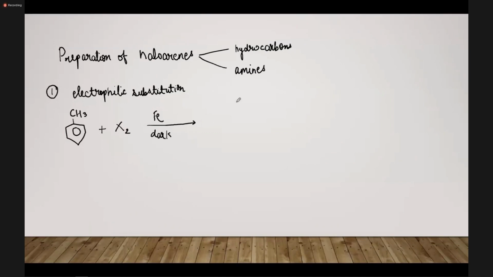And the results that we get are: the halogen is attached here. It has replaced one hydrogen that was already here. The first one is the ortho derivative, and the second one is the para.